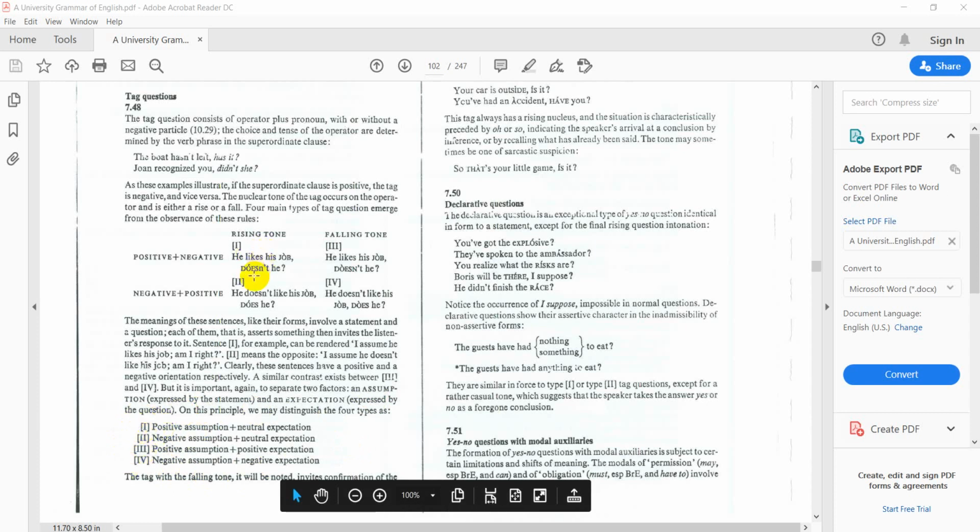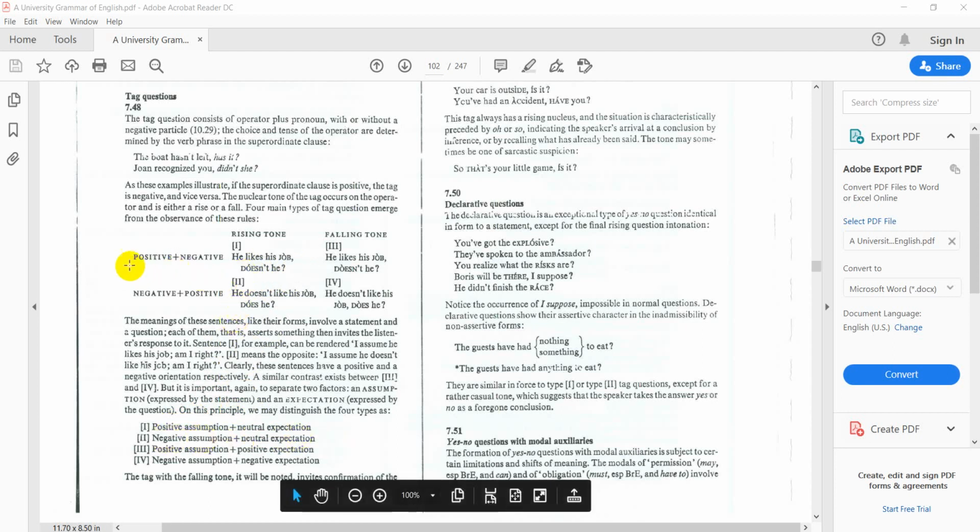The time of rising intonation. I assume something, but I don't have a clear expectation. That's why I raise my tone. Rising my tone means I assume something, but actually the expectation is not clear. I'm not sure. That's why it says here positive assumption.